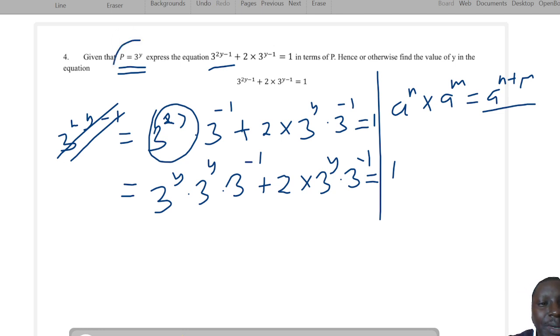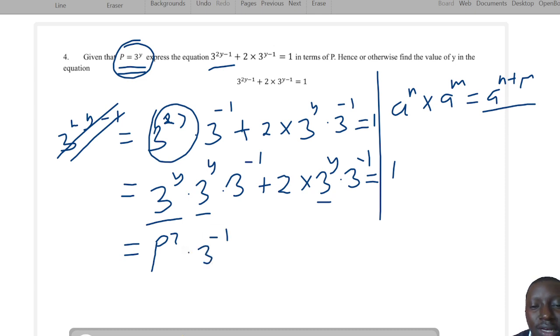But now, already we have been given a value of p as 3 power y. So where we have 3 power y, we substitute for p. So that means this is going to be p squared times 3 power negative 1, then plus, now this becomes 2p times 3 power negative 1, then this is equal to 1.